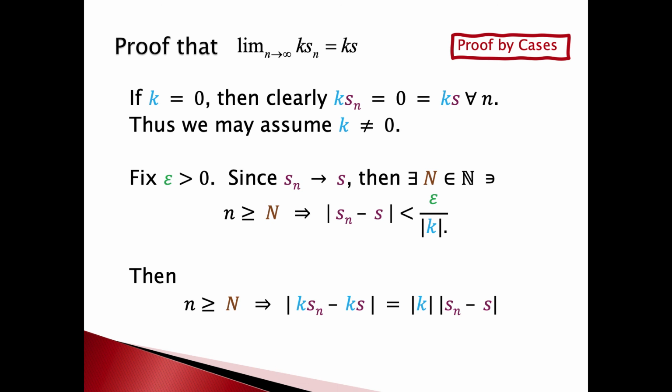Because now I know that when little n is bigger than or equal to capital N, my purple Sn minus S will be less than epsilon over absolute value of k. And with the absolute value of k in front of that, those cancel and the whole thing just leaves me with epsilon. So perfect. There's my proof by cases, right? That k times Sn has to converge to k times S.